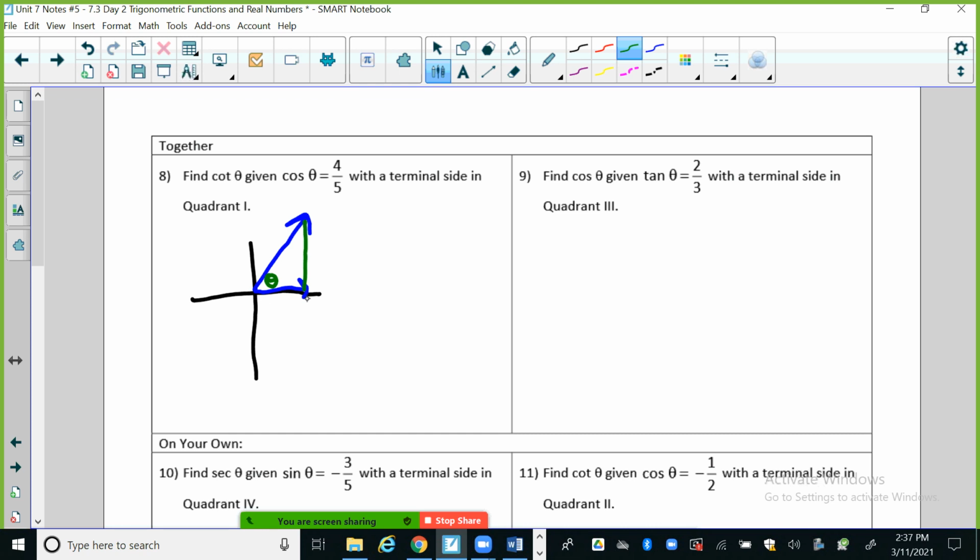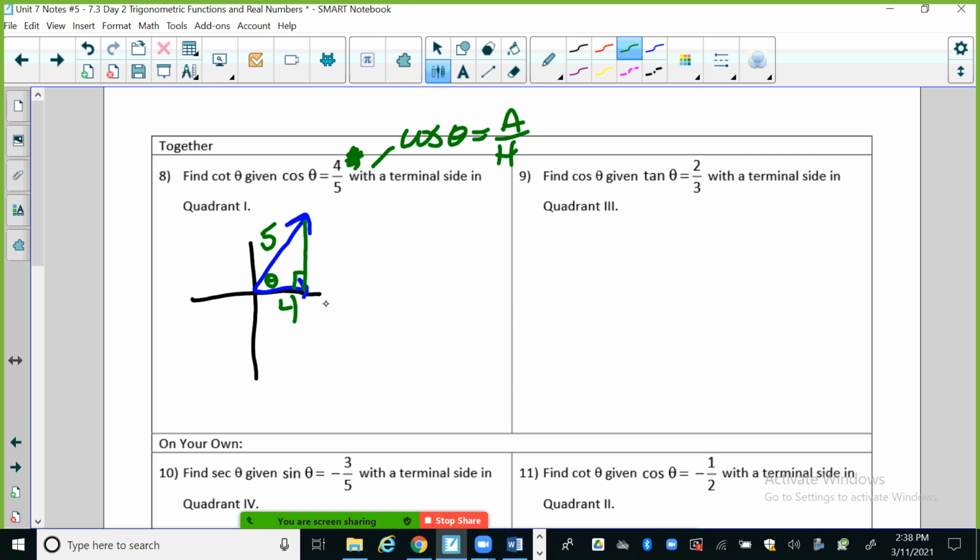And I know that the cosine of my angle is 4/5, which means I know the adjacent is 4 and the hypotenuse is 5, because cosine of theta is equal to adjacent over hypotenuse, or x over r if you want to think about it in terms of a circle as well.